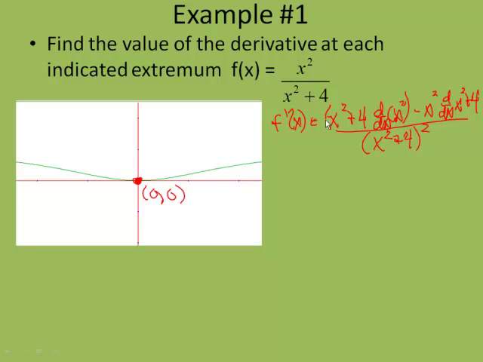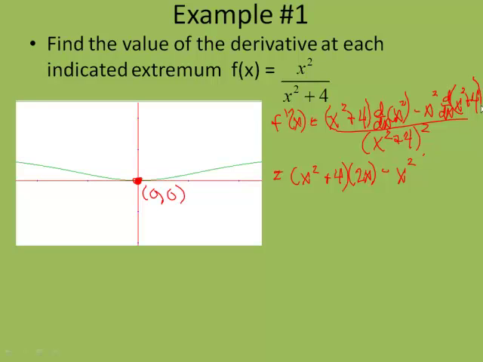So this was my low, which is equal to x squared plus 4. And then I am going to derive that x squared now. So it's going to be 2x, minus x squared now, times the derivative.